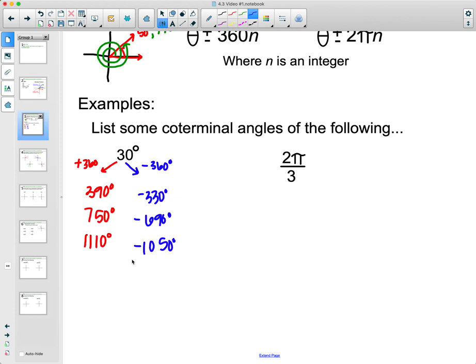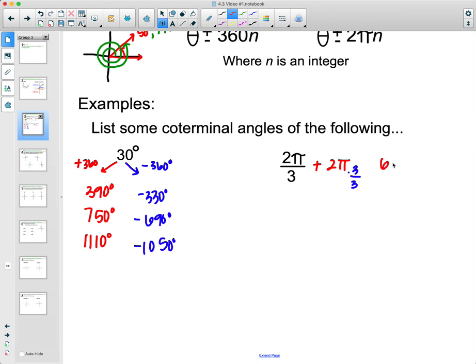So now when we work with radians, again, this is going to be adding and subtracting 2 pi. But now we're in fractions. So in order to add fractions, you need a common denominator. So instead of thinking of it as 2 pi, I'd like to think of it in thirds. So you're going to need to convert this to thirds, which is multiplying by 3 over 3, which would be 6 pi over 3.